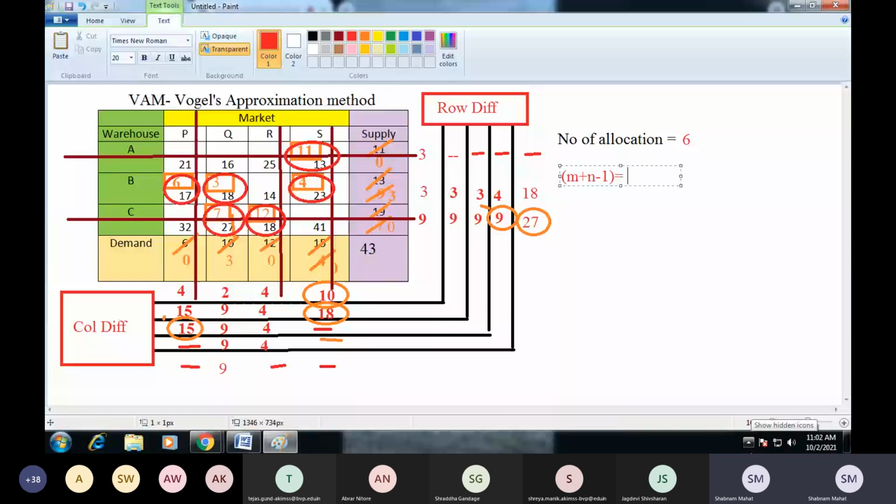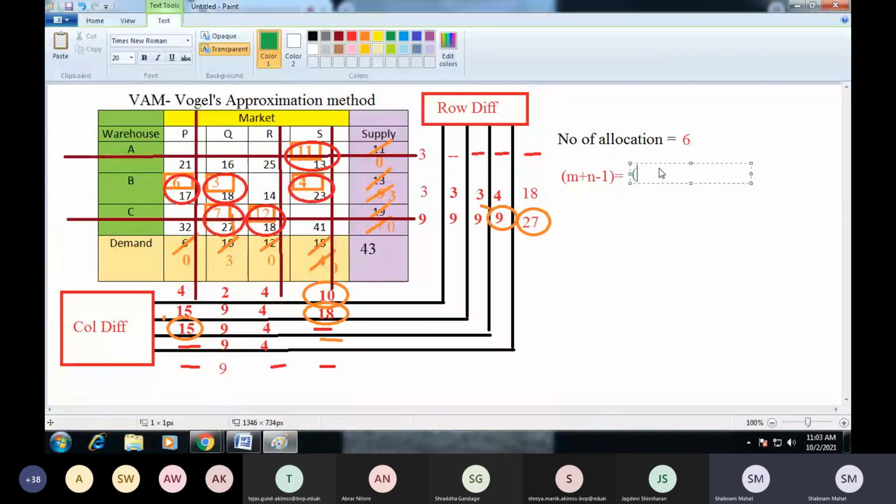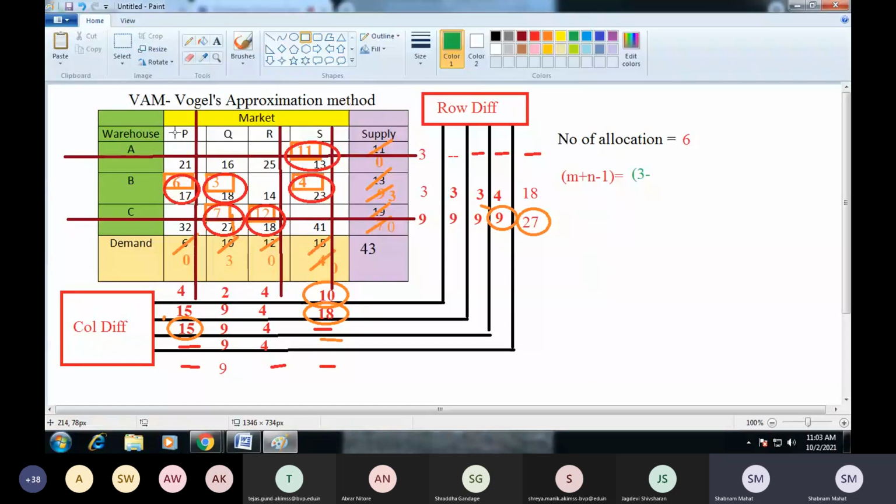M is equal to 3. Why? Because this is my first row, second row and third row. So write down m is equal to 3, minus. Now check n. What is n? This is my first column, second column, third column and fourth column. So n is equal to 4. Write down 4 here.